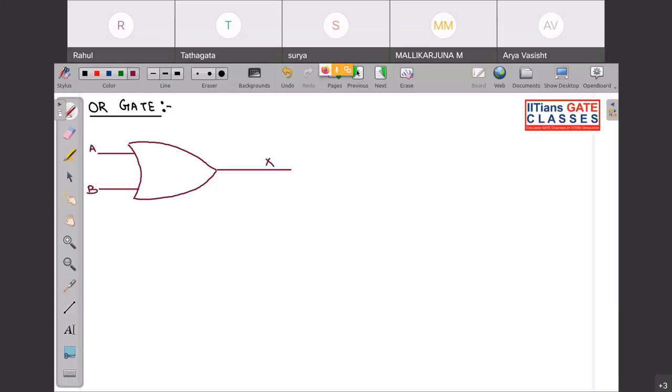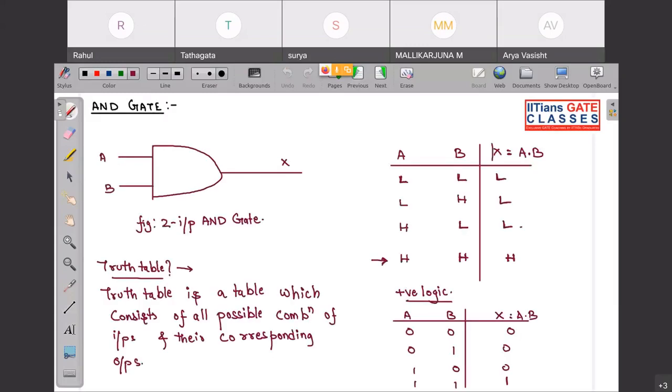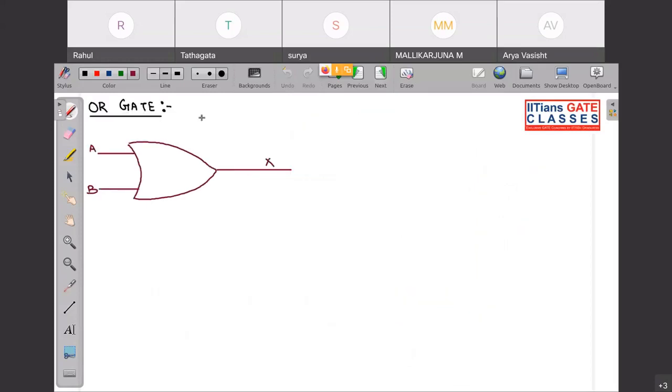I should have told you that this is the logical expression: x is equal to a dot b. This is the logical expression of the AND gate.